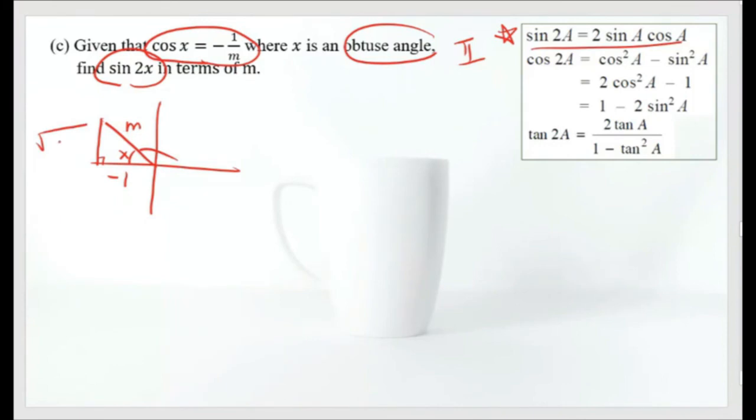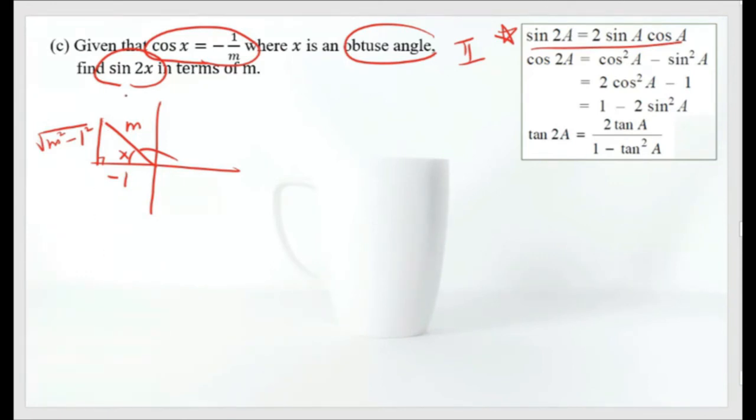Pythagoras theorem, m square minus 1 square. Okay, 1 square, this one no negative. m square minus 1 square is positive. And also, this one is positive because it goes up, positive. So 1, 2, 3, we have it already.